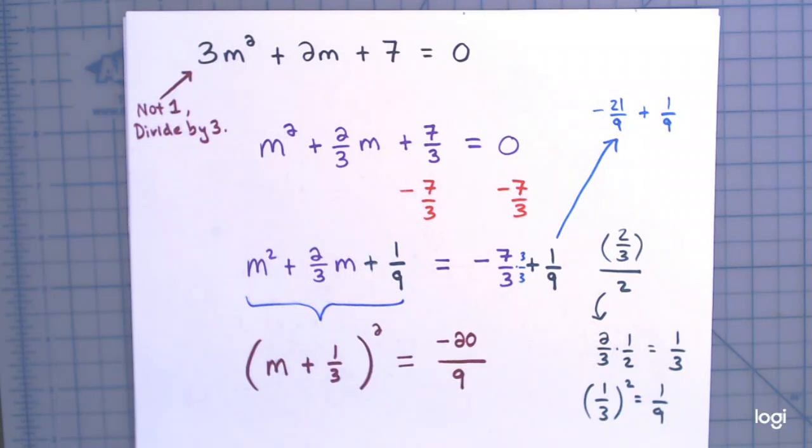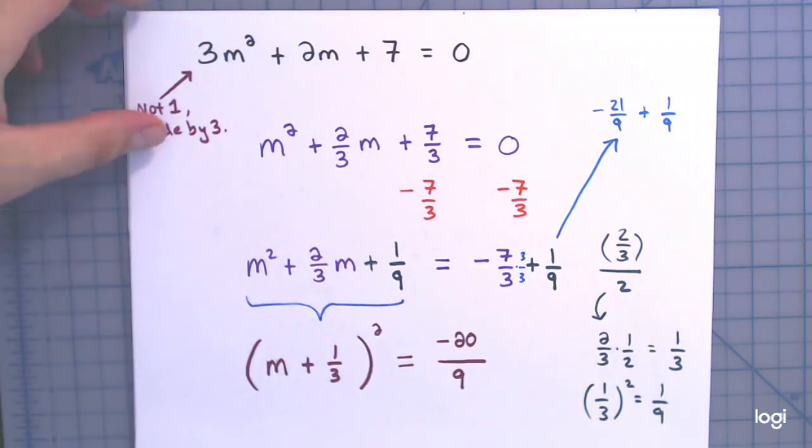So here I have a situation where I can use that square root property. I have a perfect square all by itself equal to some number. There's a variable inside a square, no variable outside the square. So let's do that.